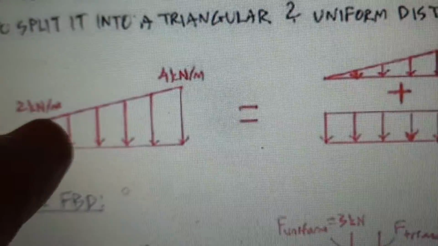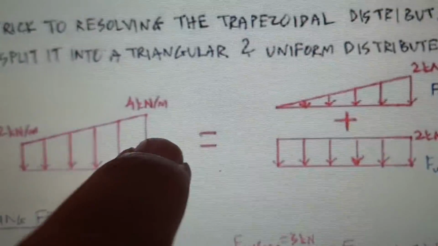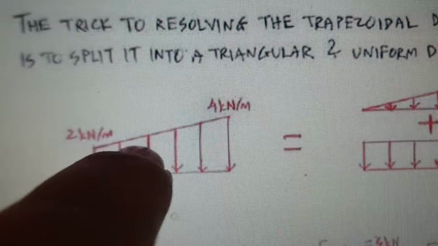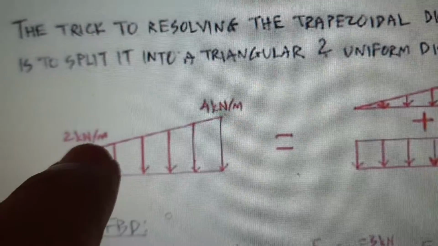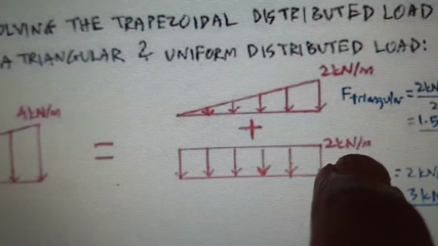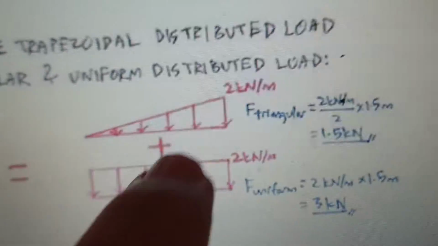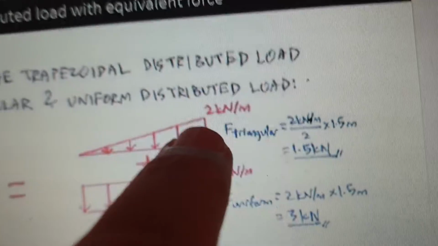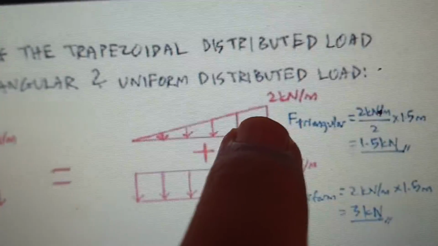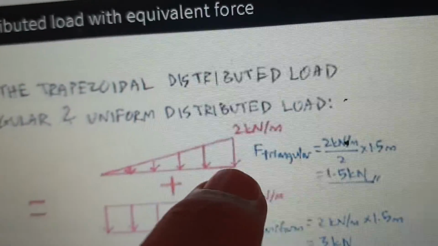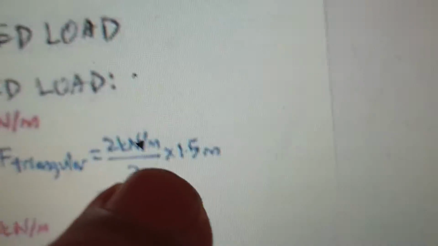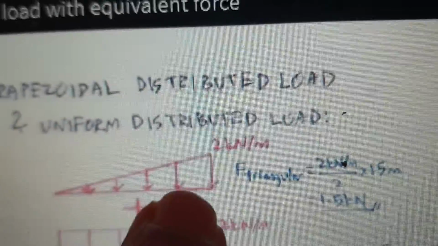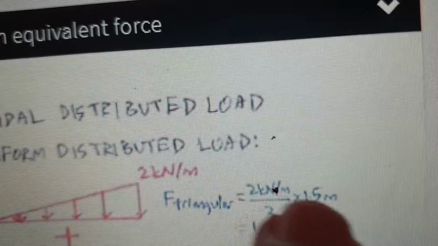Plus the other part, look at this, this is 2, and this is 1.5. So you have a triangle and you have a rectangle. For the equivalent force of the triangle, it's 1/2 times 1.5 times 2, 1/2 the base times the height.